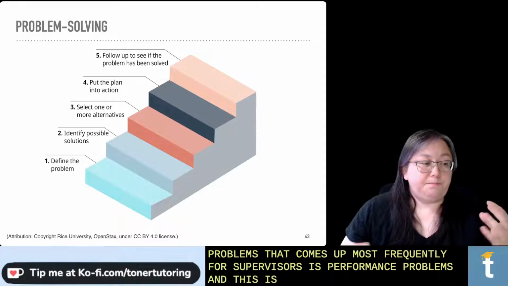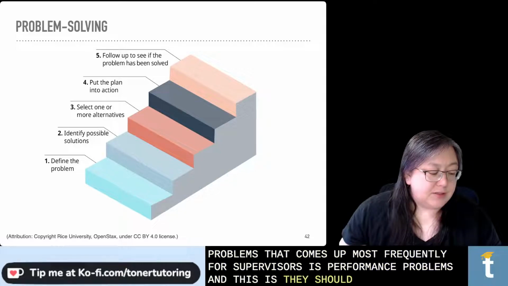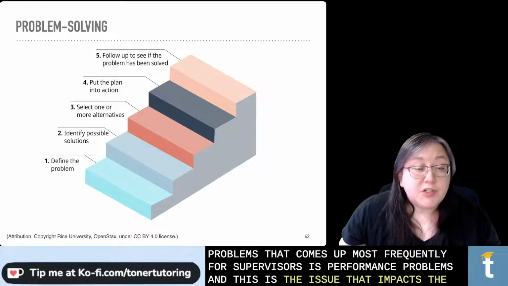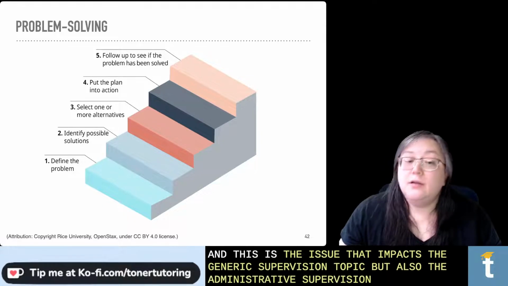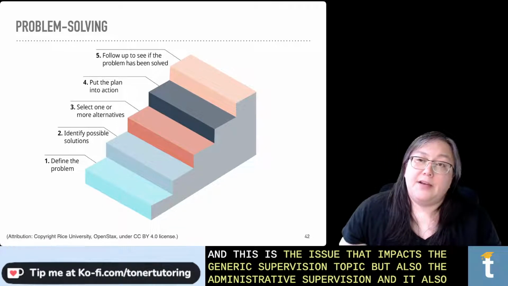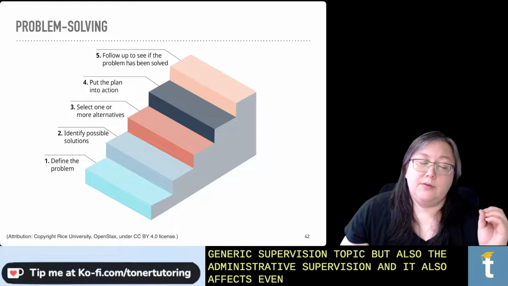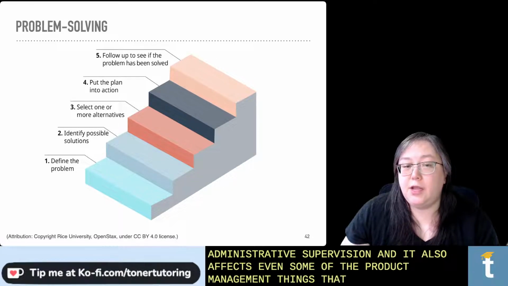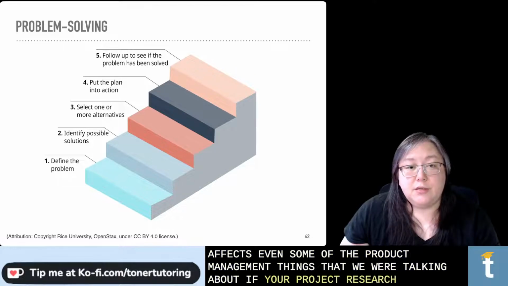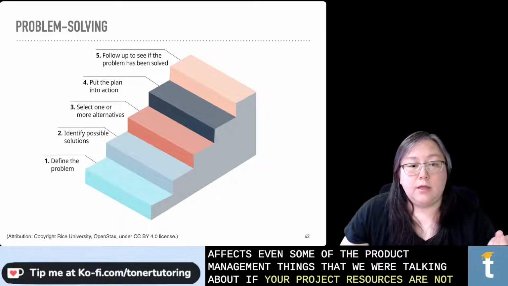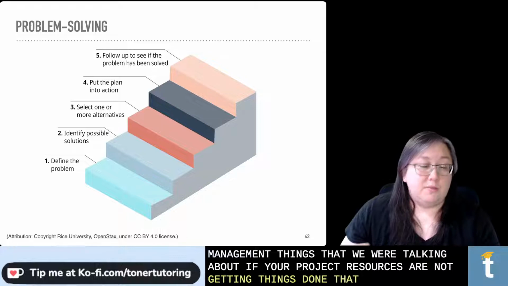And this is an issue that impacts the generic supervision topic, but also the administrative supervision. And it also affects even some of the project management things that we were talking about if your project resources are not getting things done that you want them to get done.